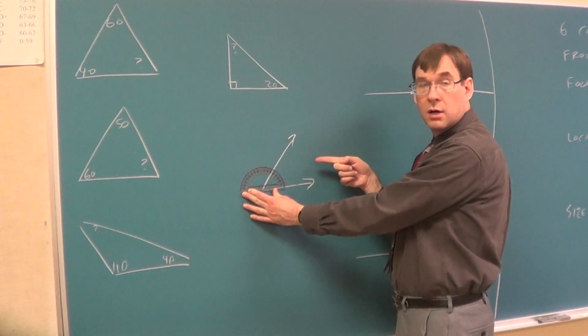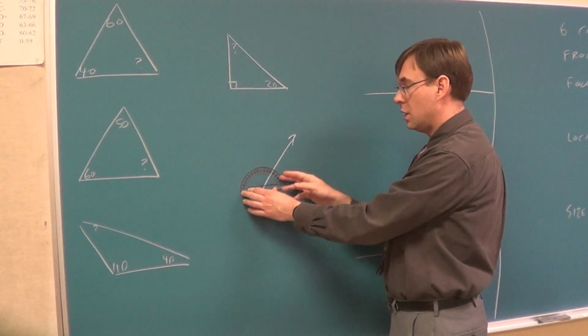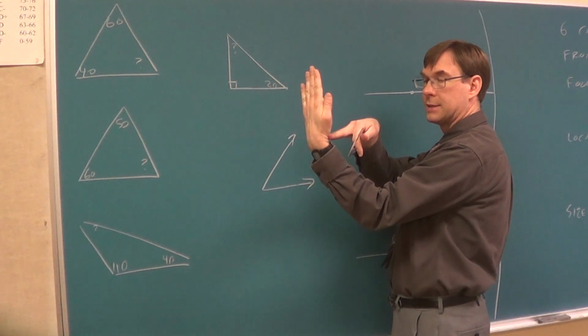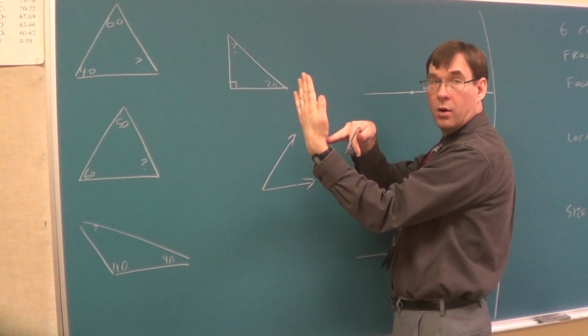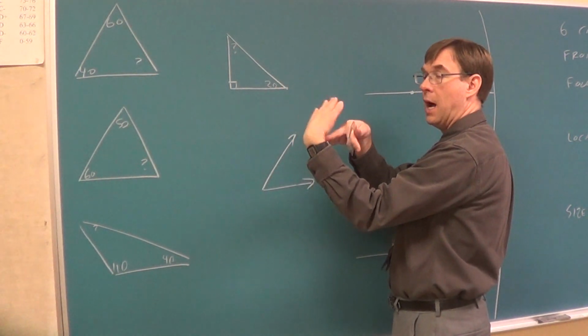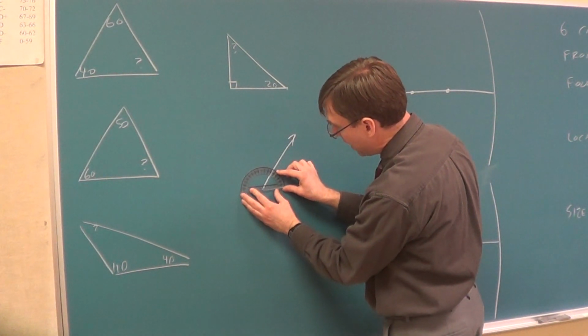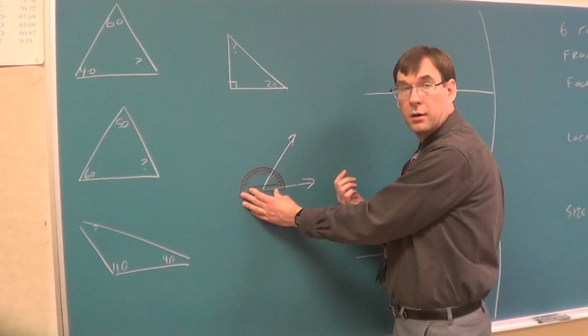Is this an acute or an obtuse? Acute. Because right angles go straight like this. If I want to be an obtuse, I have to open up wider. This I opened up narrower, so that's an acute. So since it's opened up narrower to be an acute, would I use the bigger number or the littler number?